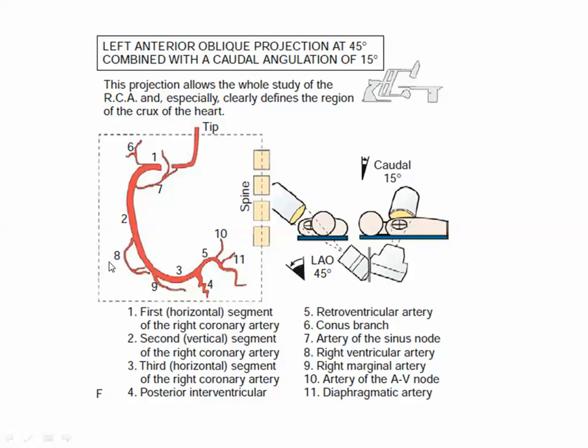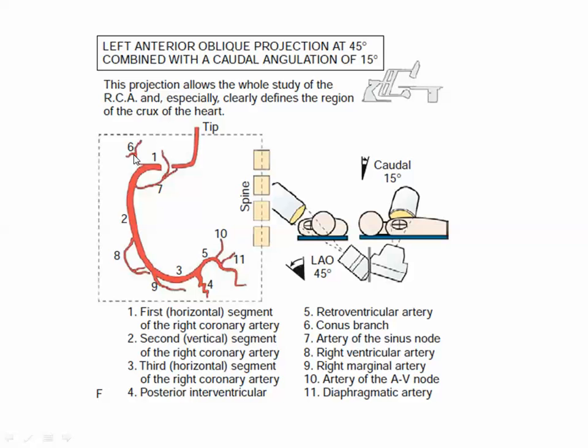So what's this vessel? RCA. What are the walls? Septum here, septum of the LV. Anterior, lateral, inferior. Inferior is supplied by the PDA, so it will be dominant.